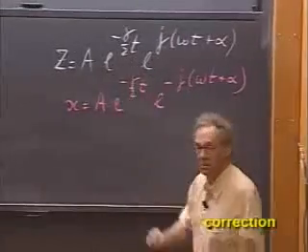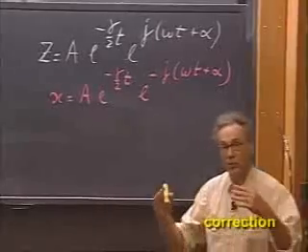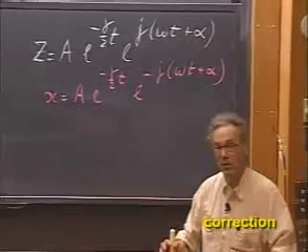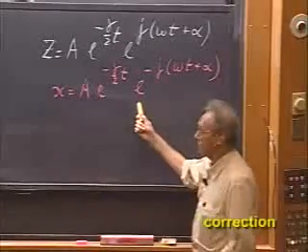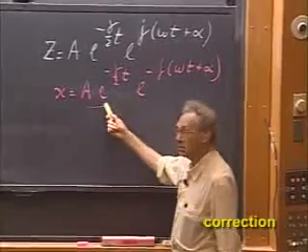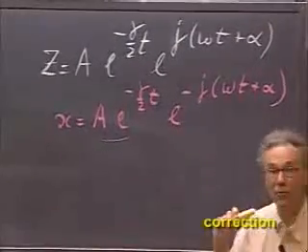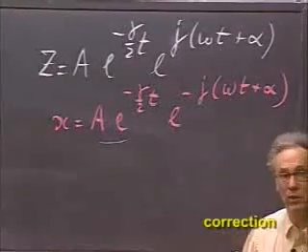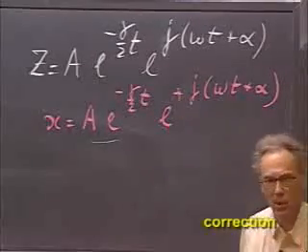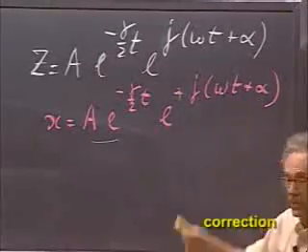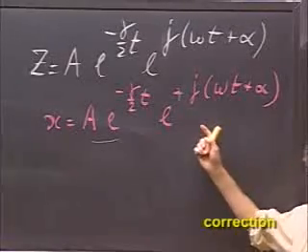That's perfectly okay. And then I went back to the real world, going from z, the complex plane, to the real part of z. And what did I write down? This is fine. But then I wrote down e to the power minus j omega t plus alpha. Now, first of all, there should not be a minus sign in front of the j. That's not a major problem. But I do not take it out of the complex plane. I leave it into the complex plane.